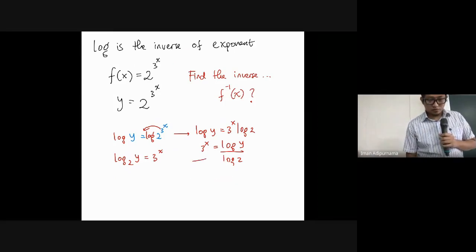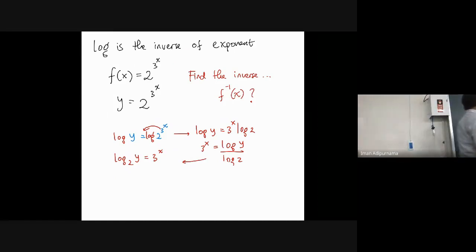But you can always use the first property of logarithm. This is the result. This is the base. This is the power. So log base 2 of the result y is equal to 3 with the power of x. And then after we get this, we still have the power. Then log one more time.